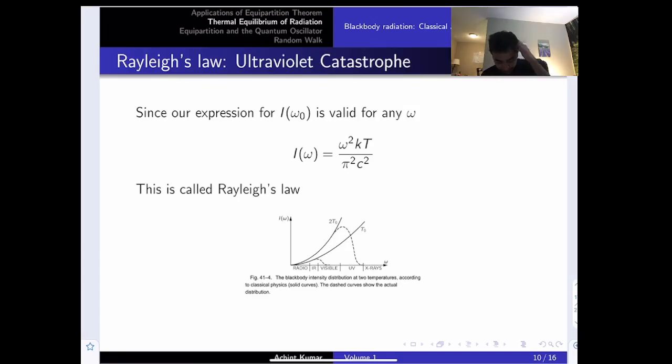So in X-rays, for example, the plot shows that the energy is much higher than the energy at, say, visible radiation.